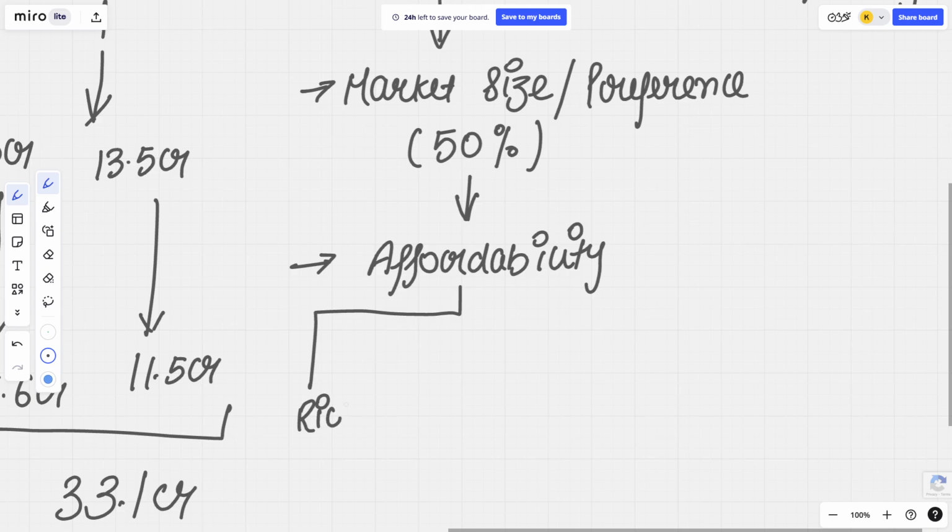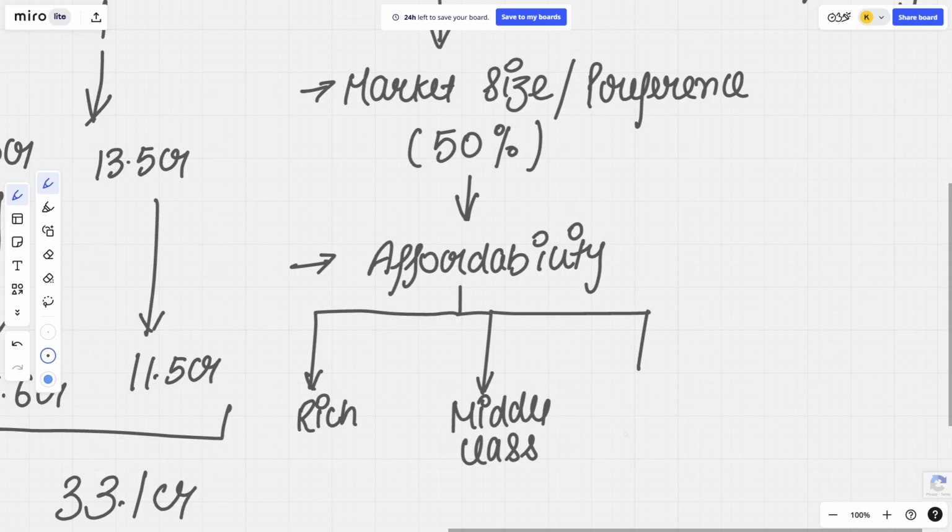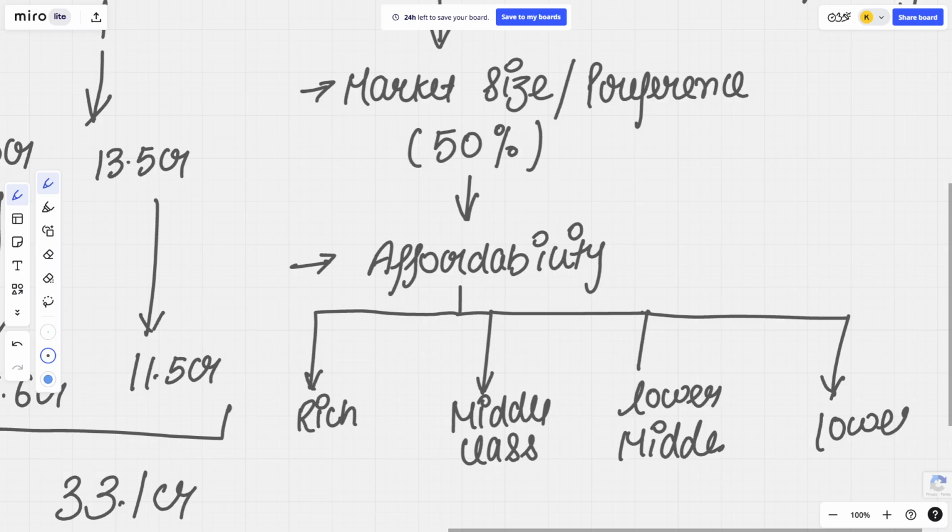That is the rich people, next is middle class, third is lower middle class, and last is lower class.